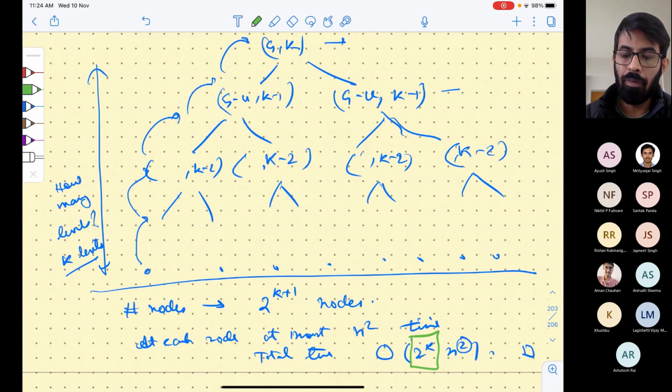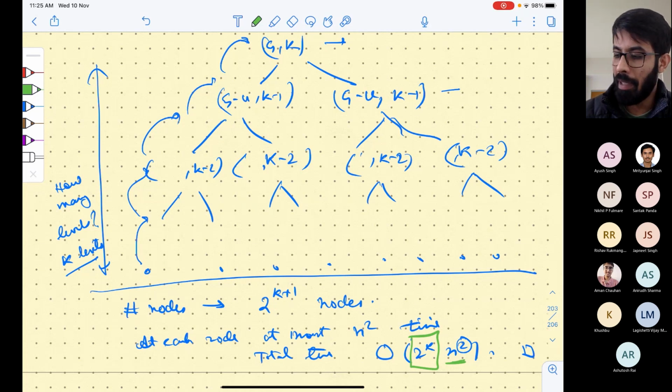Yeah, deleting edges can take linear time. Sir, also won't the computation in the leaves take some time because we need to check there is no edge in the leaf graph? Exactly. It does. That's what I'm saying. But checking no edge actually can be done in linear time also, right?